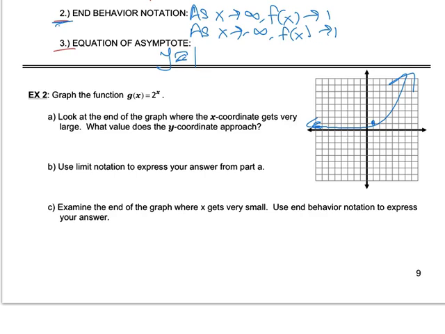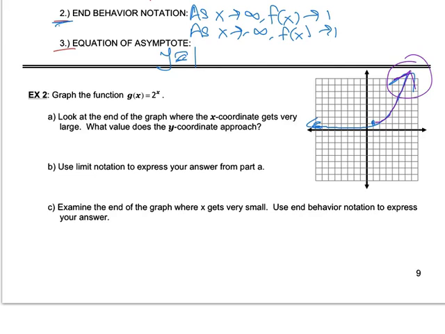And then if we look at part A here, it's asking, looking at the end of the graph where the x-coordinates get very large, what value does the y-coordinate approach? So remember, the end behavior, we're always looking at that y value. What is it getting closer and closer to? So if we look, what this arrow means is that this function is going to continue going up and it's going to continue going over.